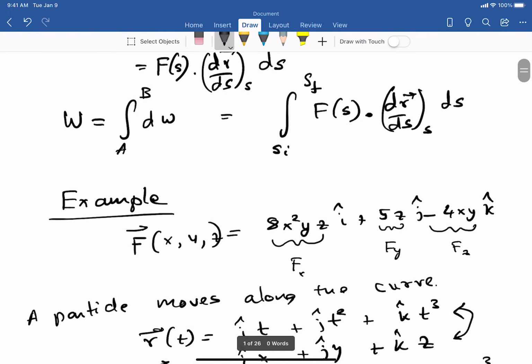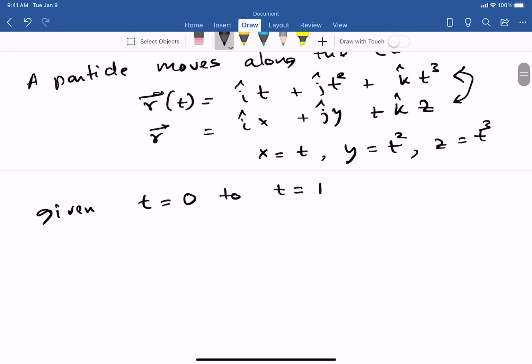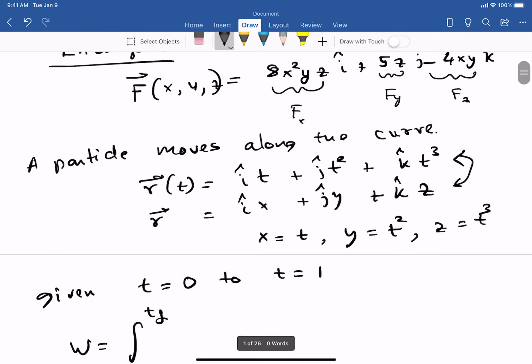Okay, so all we are going to do is just plug into this equation. We are going to figure out each part of this. So the work done is given by the line integral from t initial to t final. I'm just writing this again with t instead of s.